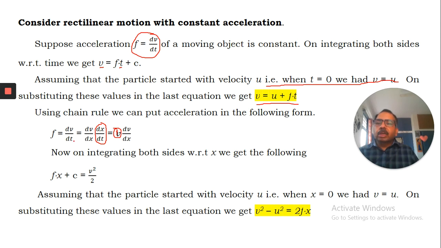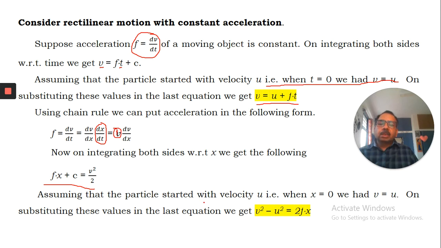Now integrate this equation. First cross multiplying, f dx is equal to v dv. Now after integrating, we get fx plus c equal to v square by 2. Integral of v dv is v square by 2.